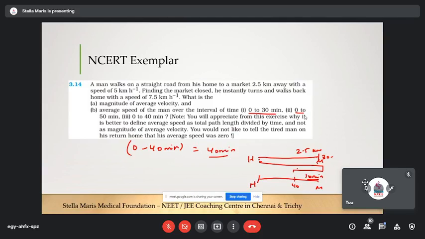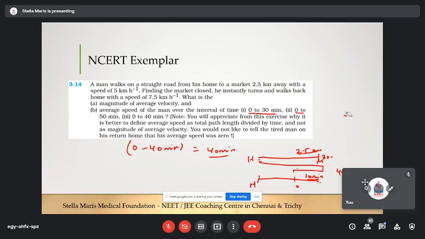So you know that the distance traveled in 30 minutes plus 10, so totally 40 minutes. The distance traveled from 0 to 30 is 2.5 kilometer. What will be the distance in these 10 minutes? It is 2.5 by 2, which becomes 1.25.